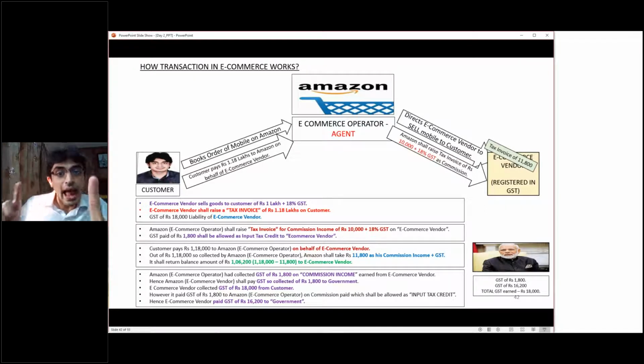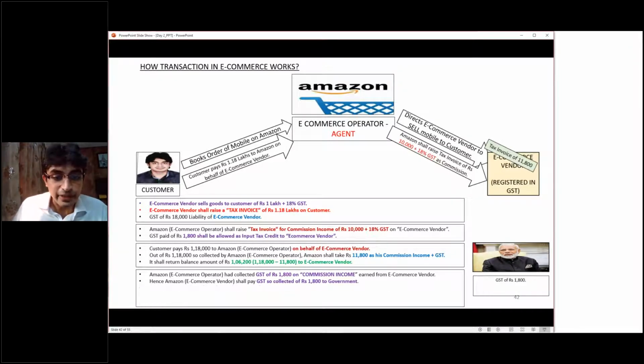You got it? Amazon collected 1,800 from the vendor as commission and paid that to the government, so government earned 1,800. And this vendor had raised an invoice of 1 lakh plus 18,000 on me, so he has collected 18,000 GST from me.